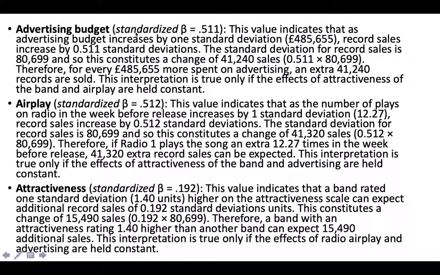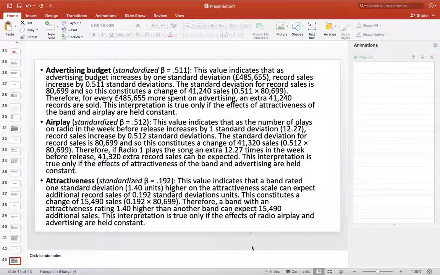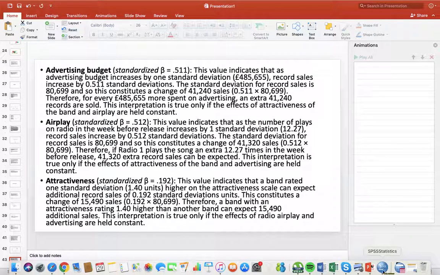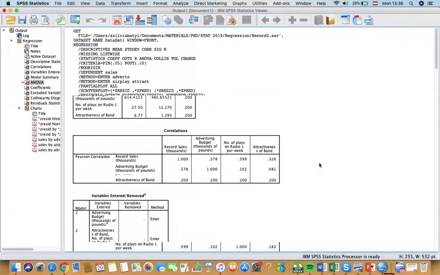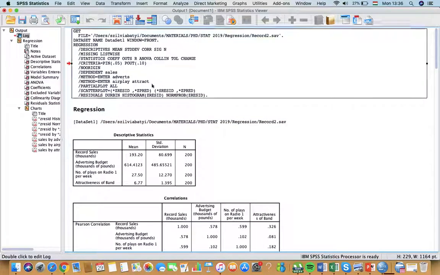For advertising budget, you could see that the standardized beta value is 0.511. This value indicates that as advertising budget increases by 1 standard deviation, where can we find the standard deviation of our data? It's in your descriptives.